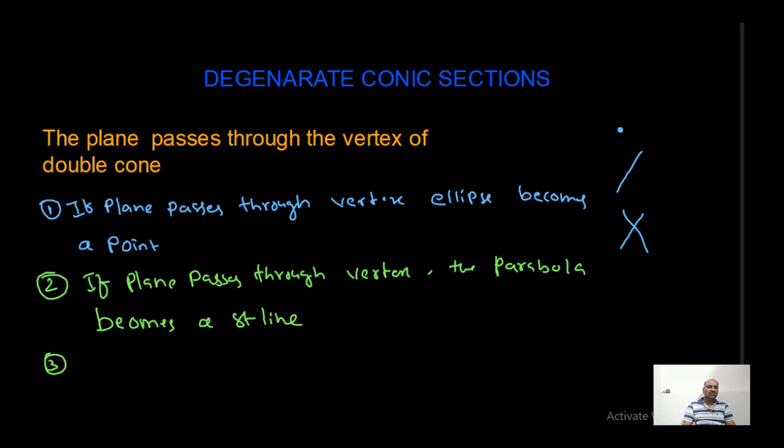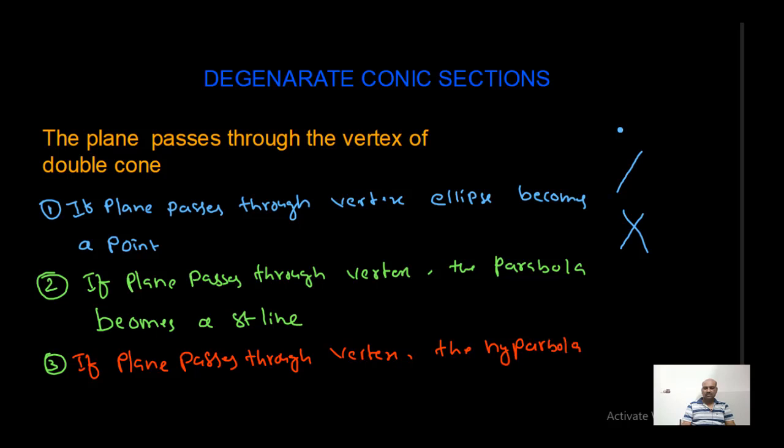Third one, if the plane passes through the vertex, the hyperbola becomes two intersecting lines.